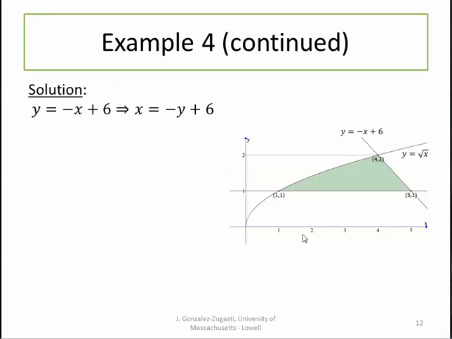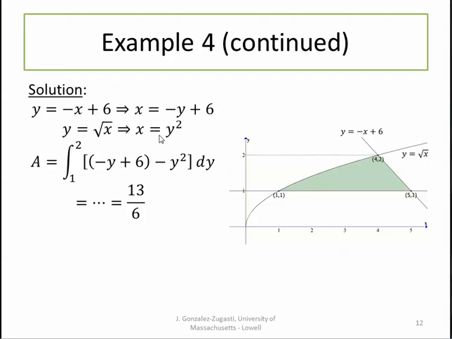So the way we're going to do this, we want to integrate with respect to y instead of x. So that means we need to rewrite all our equations so that it's x equals some function of y. So the line y equals negative x plus 6 becomes x equals negative y plus 6. The equation y equals the square root of x becomes x equals y squared.